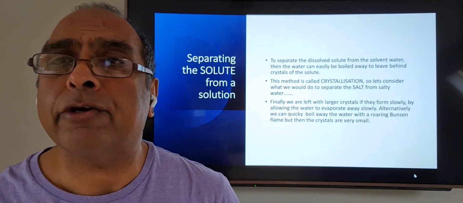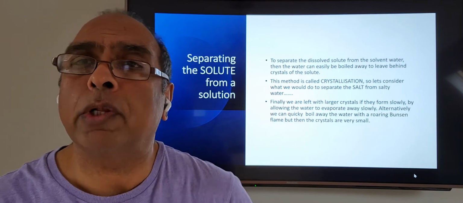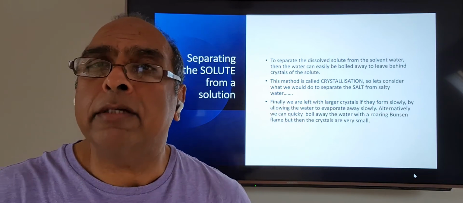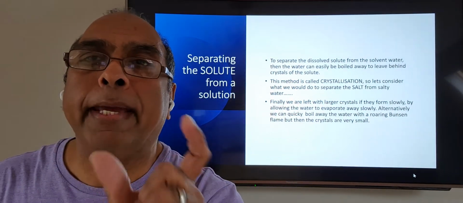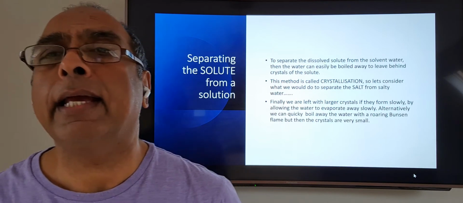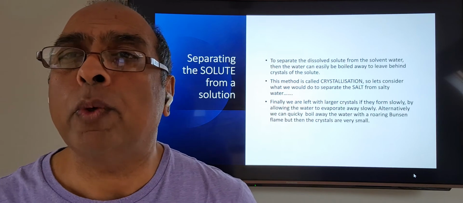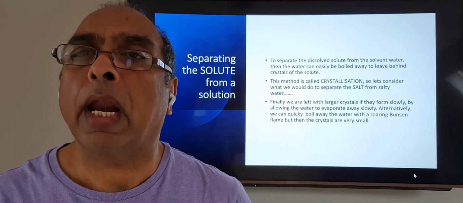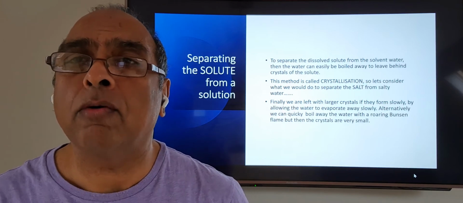If you make the crystals slowly, then the crystals will grow, and as they grow over time, they end up being bigger. And often in exams they'll say, how do we make good large crystals? And for that, you need to do it slowly.